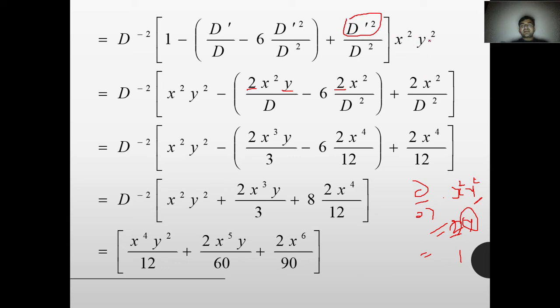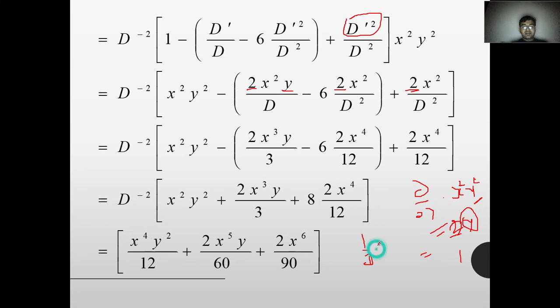Now D raised to minus 2 x square into y square minus here 1 upon D into x square, 1 upon D into x square.